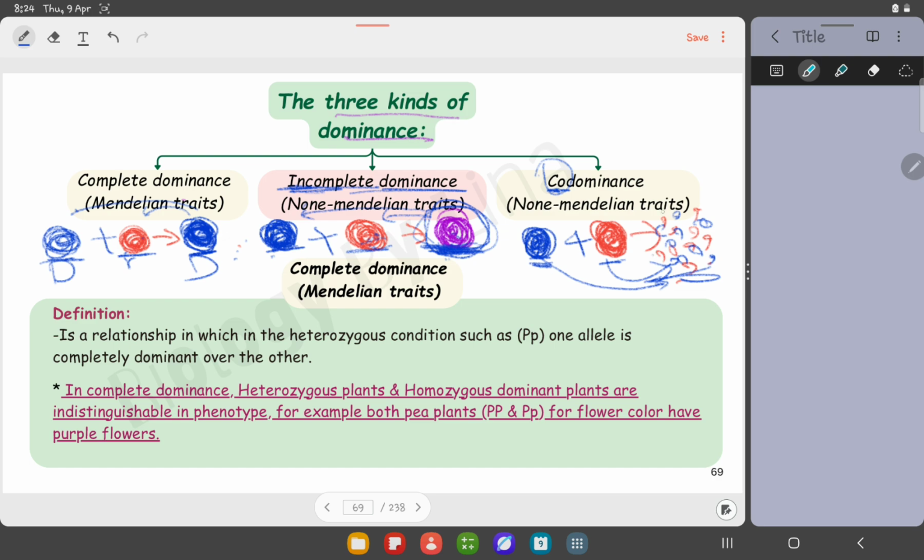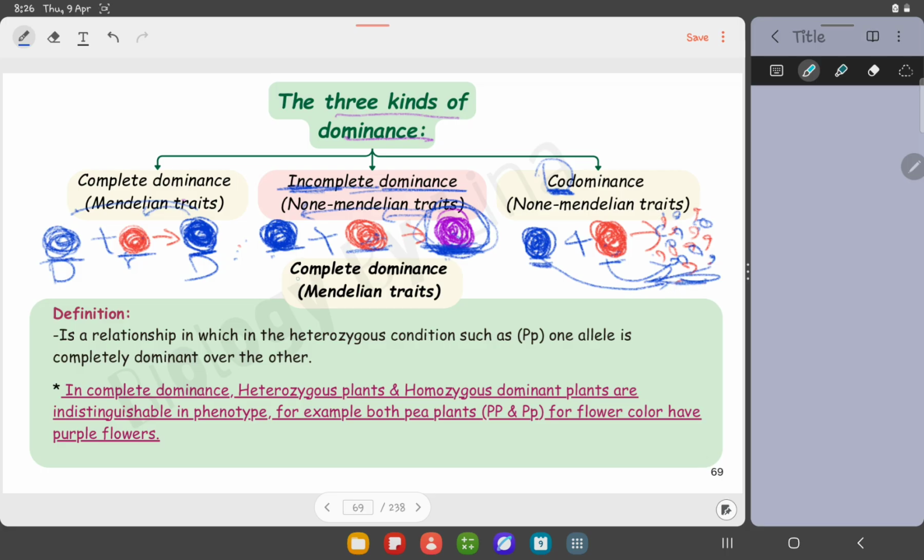So that's why both colors appear in it, and they don't blend together, they don't mix together. Instead, both of them express themselves, and that's why it's named as co-dominance, and they cooperate in order to express themselves in the offspring.